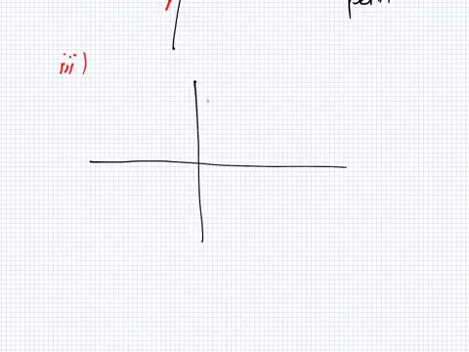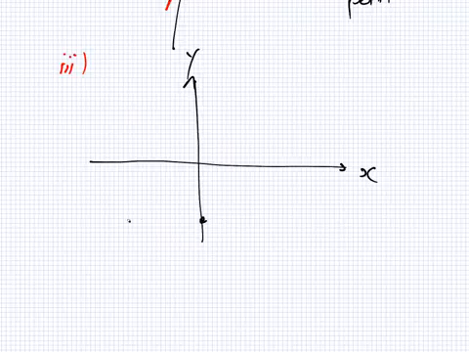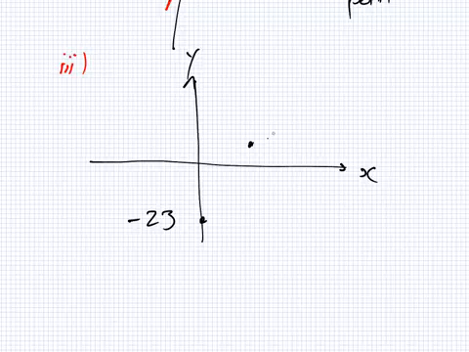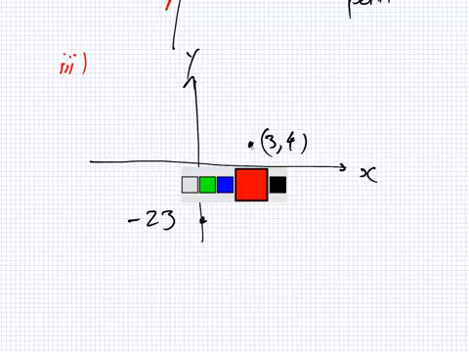Yeah, so here is y, here is x, here is minus 23, here is 3, 4, and then we said it's rising inflection, so it goes up, up, up, up, up.